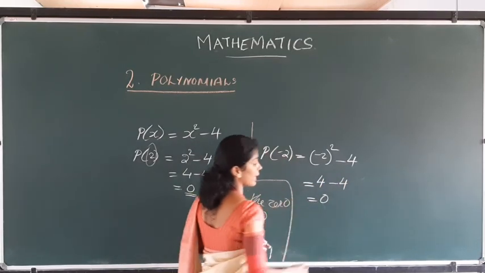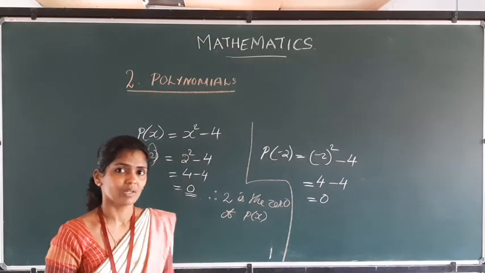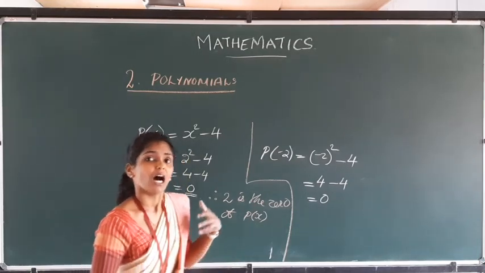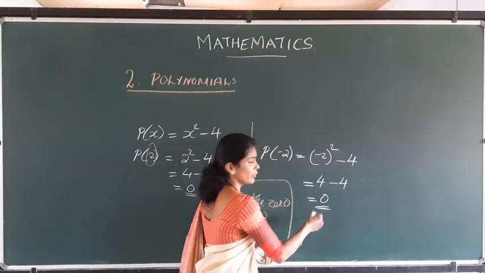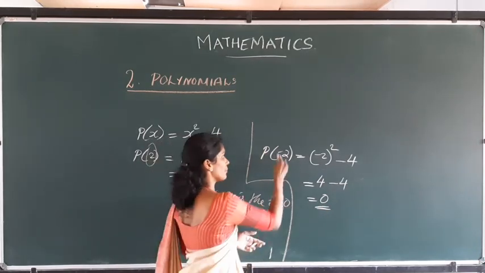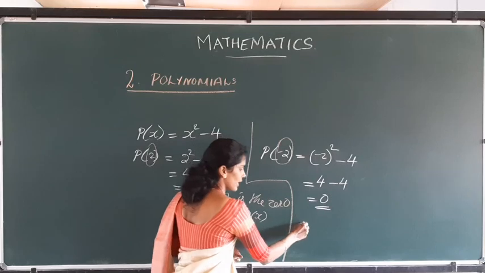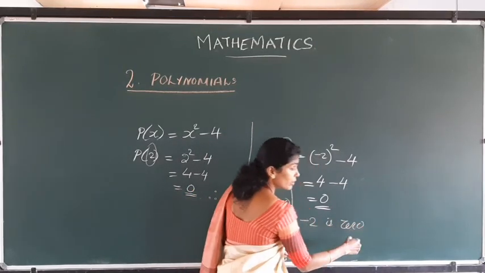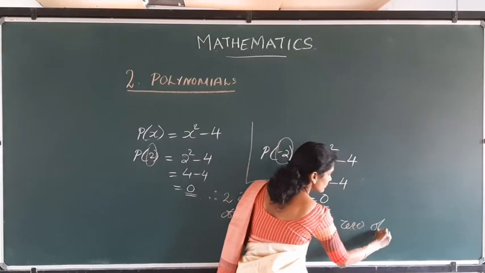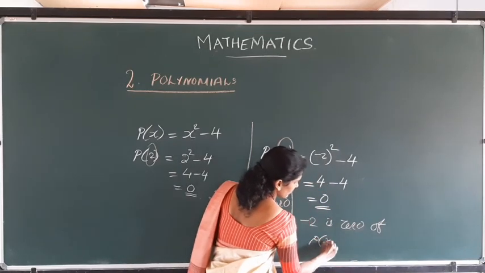That is equal to again 0. That means we got another root. Here the value is 0. Therefore, this is another root. That means minus 2 is a 0 or root of p of x.